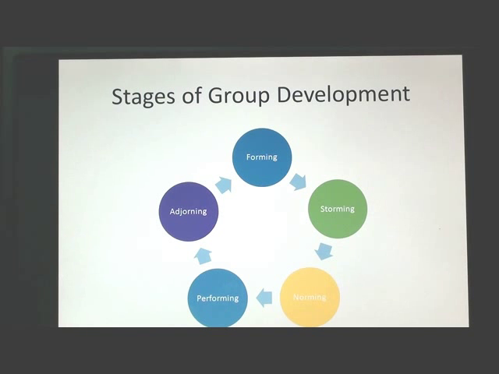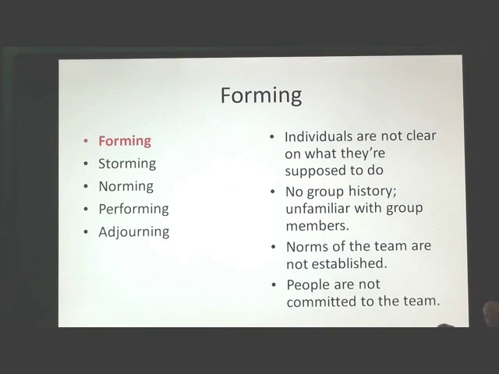So let's first have a basic discussion regarding the stages of group development. It starts with forming, storming, norming, performing and adjourning. In forming, individuals are not clear on what they are supposed to do, because this is considered to be the first step of group formation.